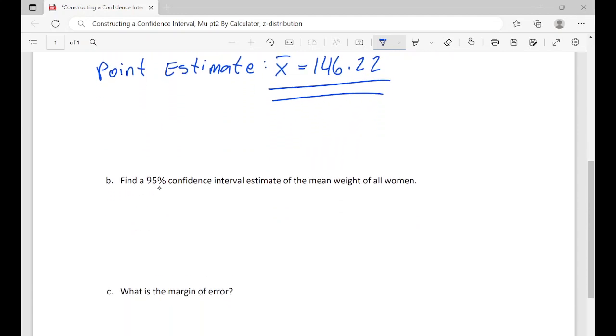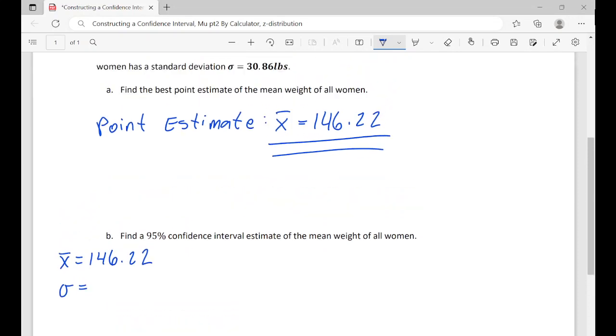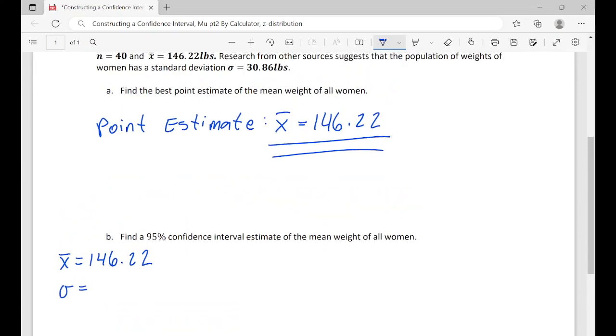Next, we're going to find a 95% confidence interval to estimate the mean weight of all women. So trying to find the confidence interval, we need to know a couple facts. First, we need to know what our x bar is, which we know from the previous one is 146.22. We need to know what our sigma value is since it's given to us. In this case, it's 30.86.